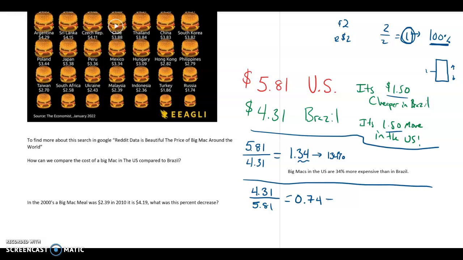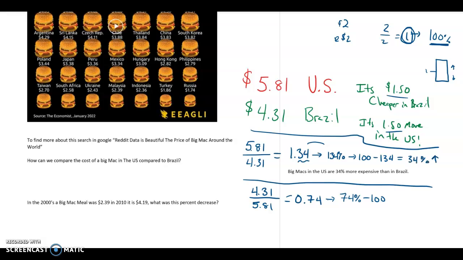Well, the easiest way to do this is turn it into percentage, or you can just minus it by 1 here. So if we do 74% and we minus 100, that's kind of what we did right here. So what we did is we did 134 minus 100 equals a 34% increase, right?